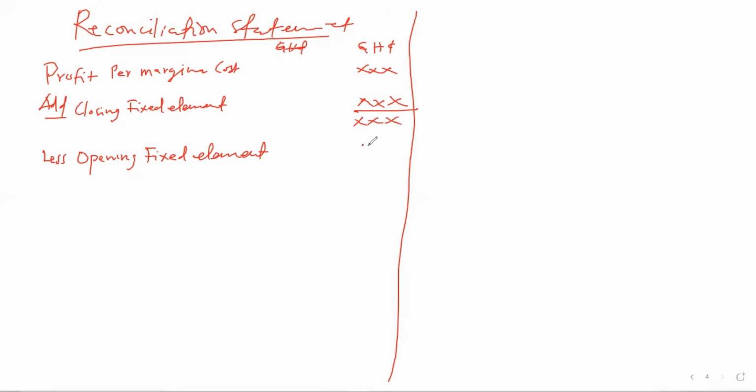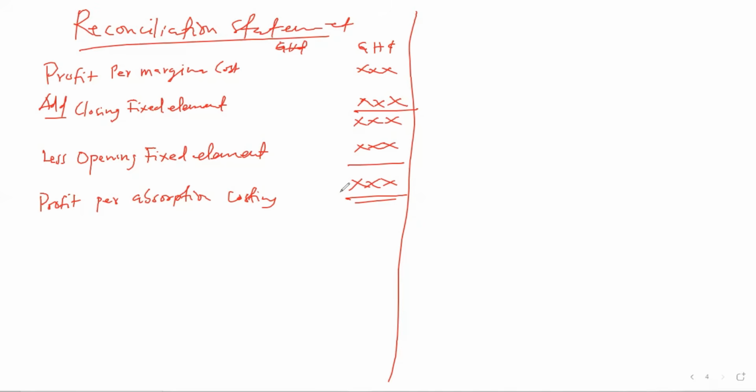When you less, the answer that you get should be the same profit per absorption costing. Simple. If you do your reconciliation and you're not getting the same, it means there is a mistake somewhere.